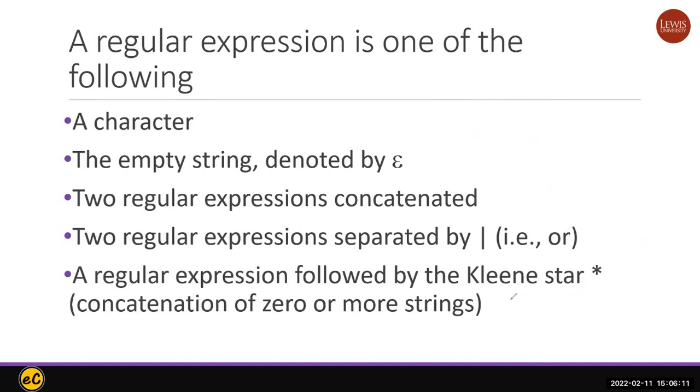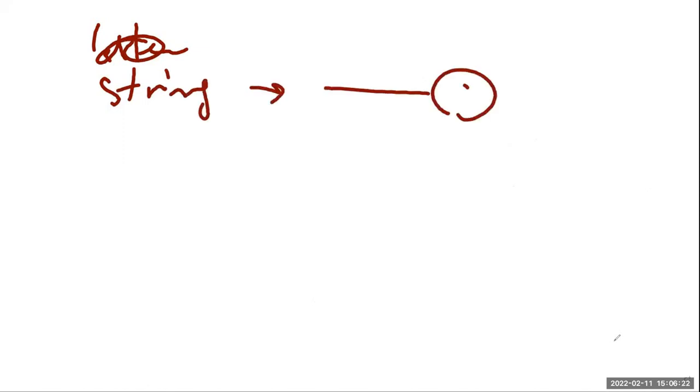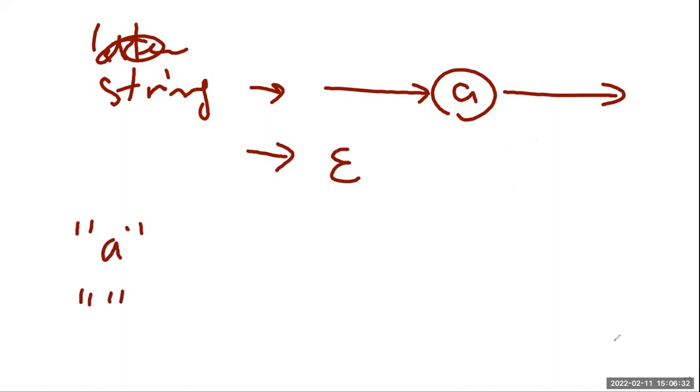So number 1, a regular expression, say a string. A string can have a single letter, say we have an A letter, and it can be empty, an empty string. So your string can have a letter or can be an empty string. And it can also be a concatenation of strings. So you have string 1 plus string 2.